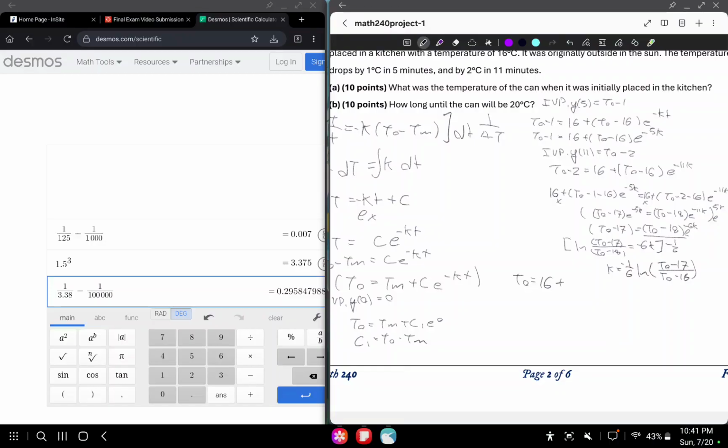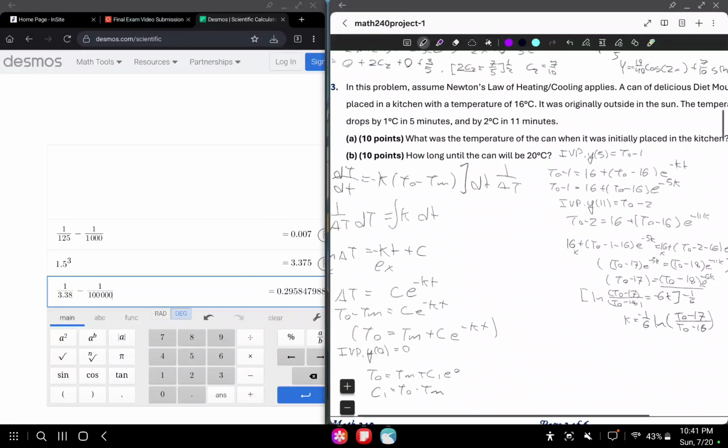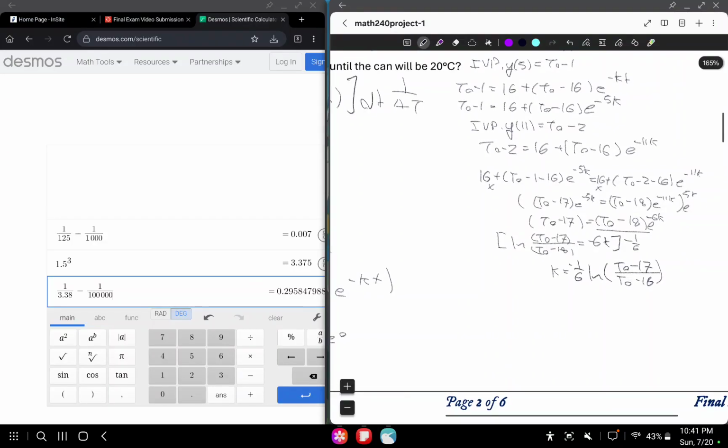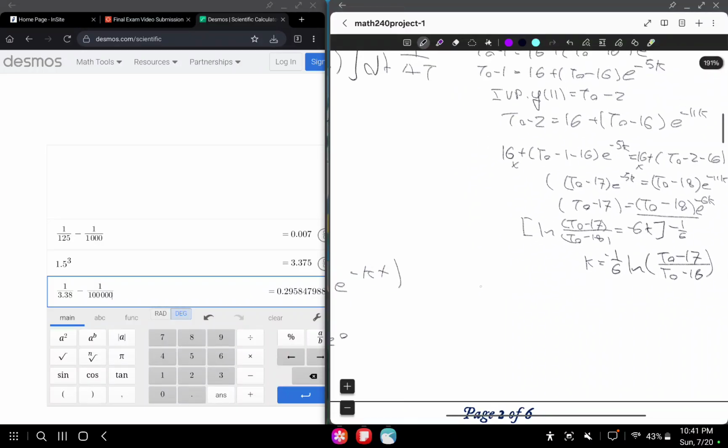It didn't start off 16. Maybe it's 16 plus (T0 minus 17) e to the negative 5k.